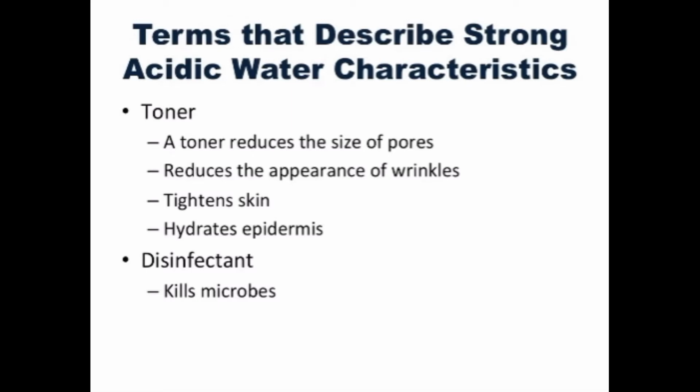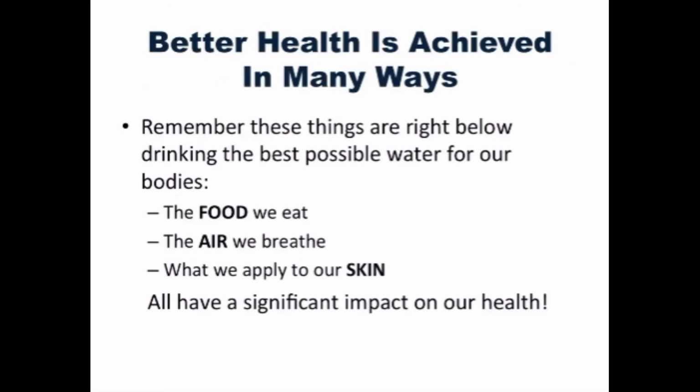You can see why people notice such a big difference in their skin in a short period of time of using beauty water. And as it lowers in pH and gets down anywhere from 1.8, which is the same as hydrochloric acid, all the way up to about 2.75, it kills all 9 known microbes on contact. And so better health can be achieved in many ways.